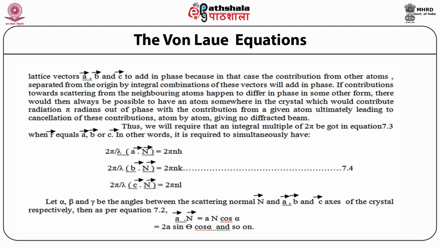Let alpha, beta and gamma be the angles between the scattering normal N vector and the A vector, B vector and C vector axes of the crystal respectively. Then as per equation 7.2, A vector dot N vector is equal to AN cos alpha, which is equal to 2A sin theta cos alpha, and so on.